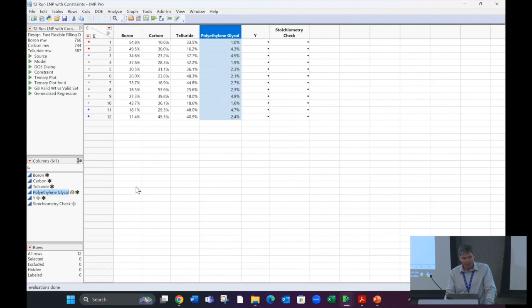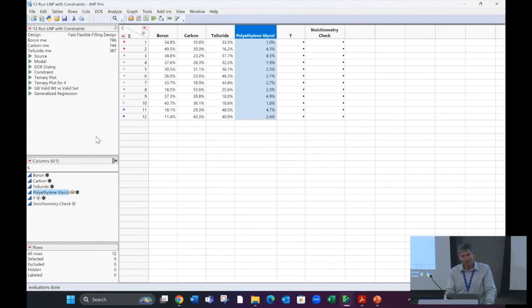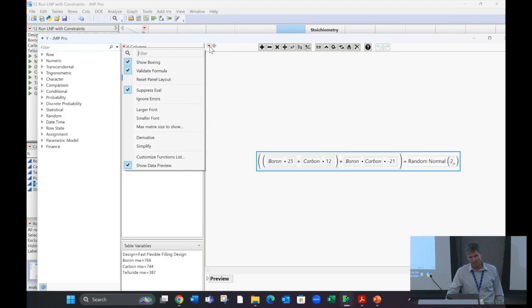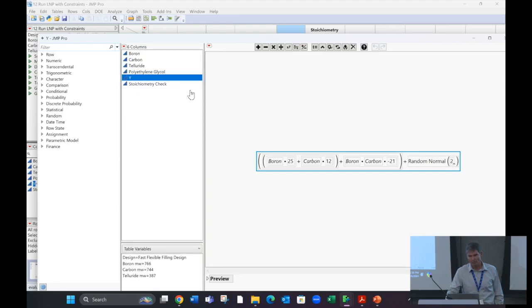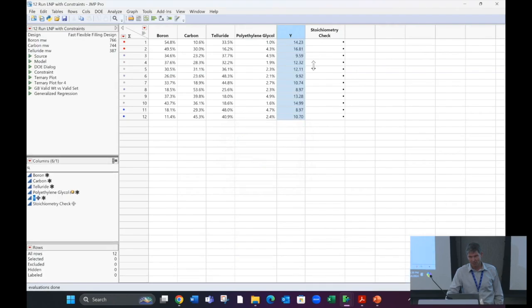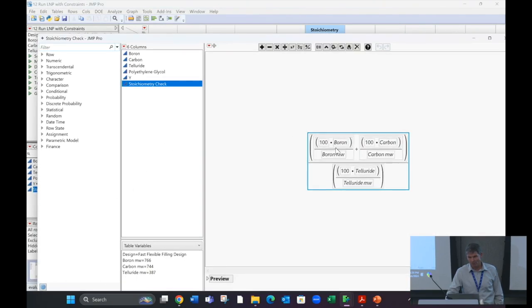What I've done here is, so actually what happened is when I copied these over, all of these formulas didn't evaluate. So you need to hit the plus sign there for Y, and then the red triangle, and then the evaluation was suppressed. So now I actually have the responses in there and also the stoichiometry.